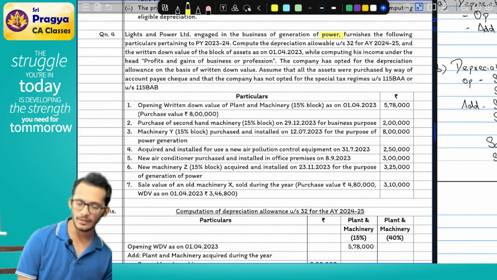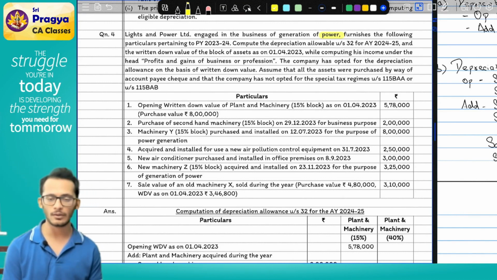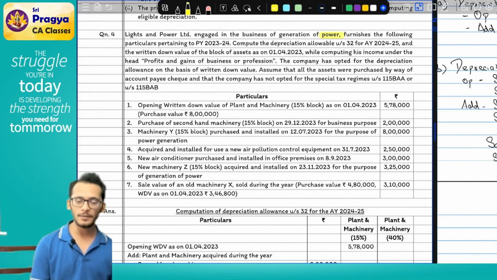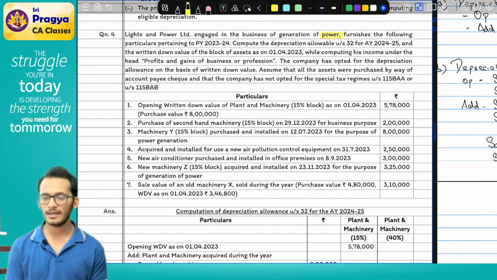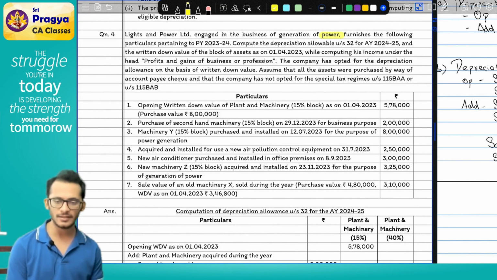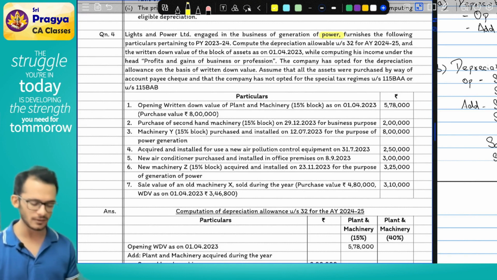When I do this, you have to give additional depreciation. The company is opting for written down value, so I have to also give additional.